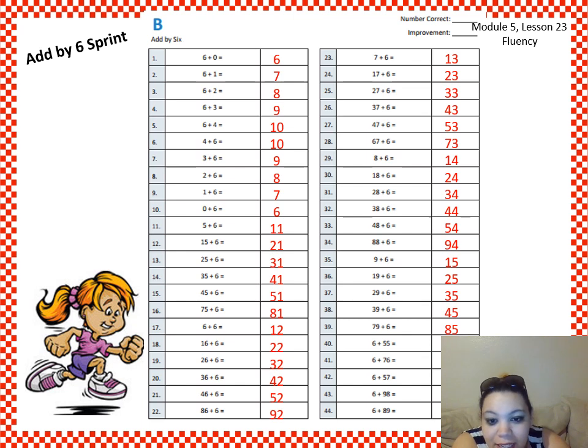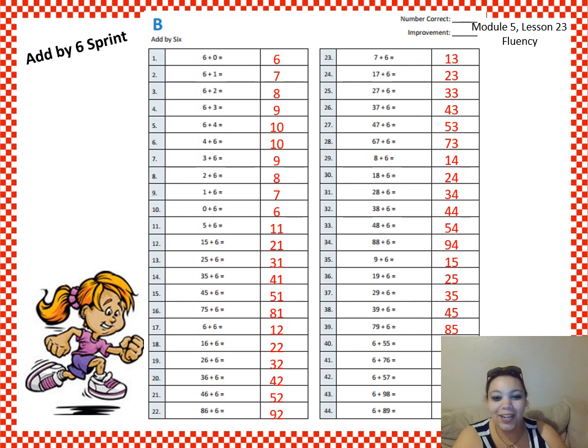All right, and then at number 40 is 61. Number 41 is 82. Number 42 is 63. Number 43 is 104. And number 44 is 95.